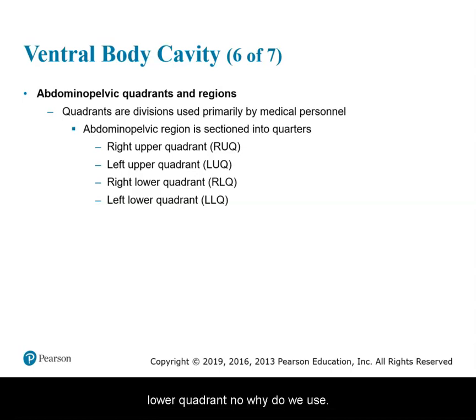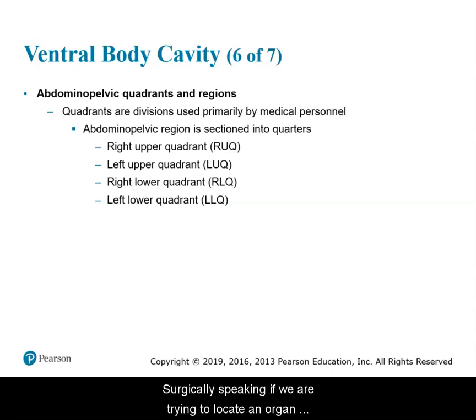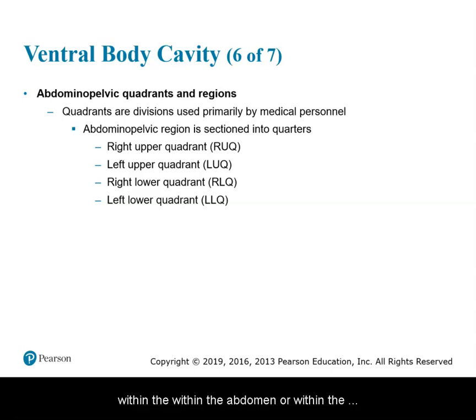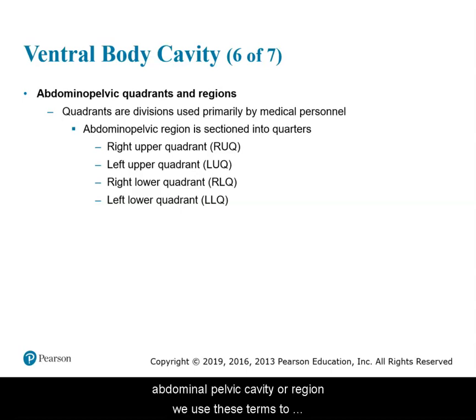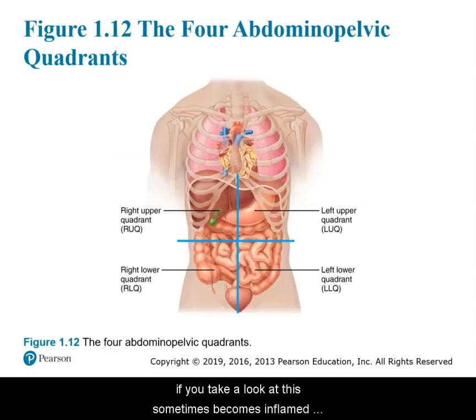Now, why do we use quadrants and regions? Well, surgically speaking, if we are trying to locate an organ within the abdominopelvic cavity, we use these terms to help us locate these organs. For example, the appendix, that pesky vestigial organ that sometimes becomes inflamed and causes appendicitis, is most often located within the right lower quadrant.